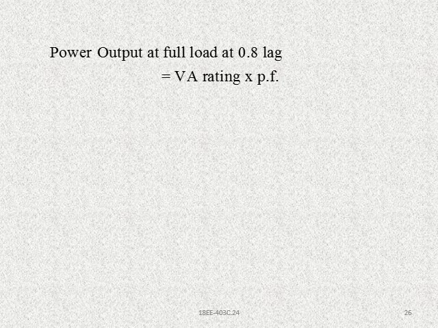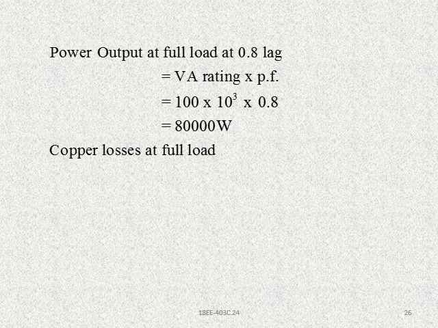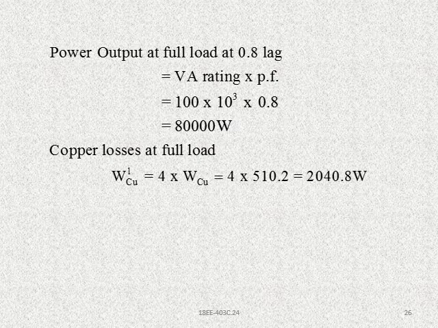So the power output at full load at 0.8 lag is equal to VA rating into power factor, that is 100 kVA into 0.8. That gets you 80,000 watts. And the copper loss at full load: WCU is equal to 4 into WCU, since that was for half load.